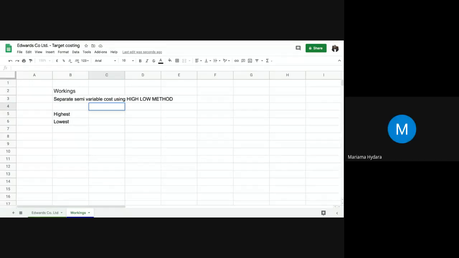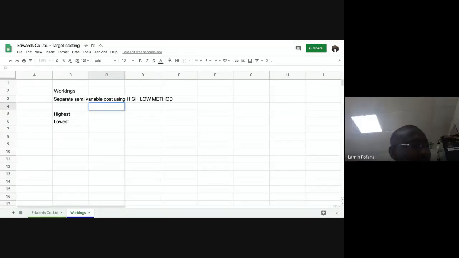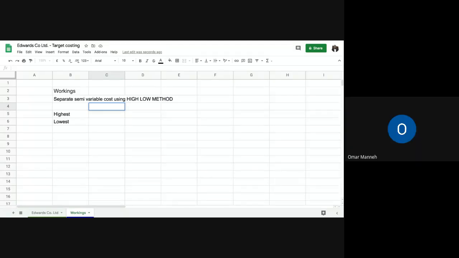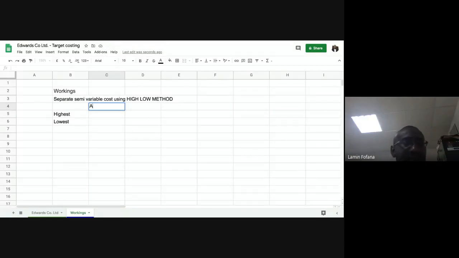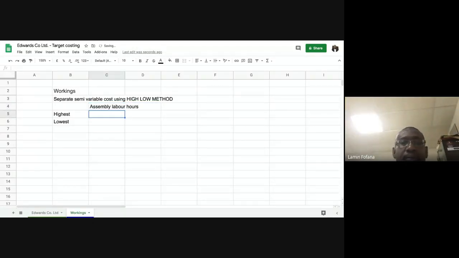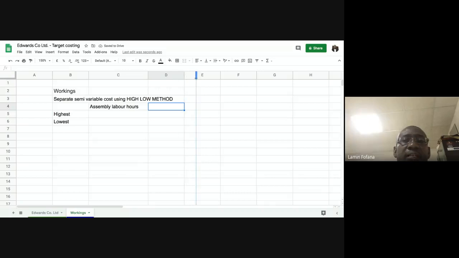Assembly labor hours. So assembly labor hours is the name of our activity level and the corresponding overheads.